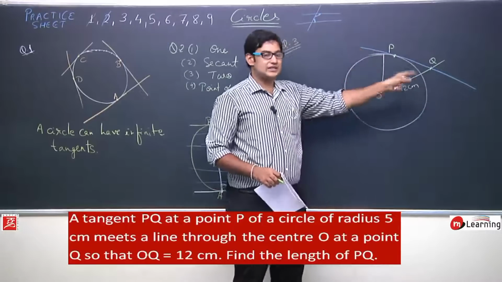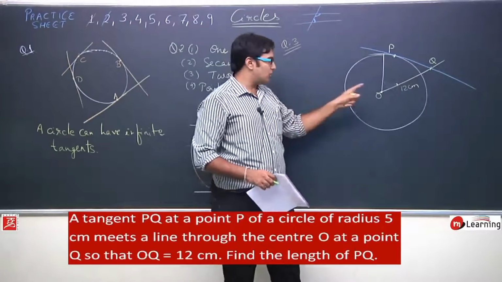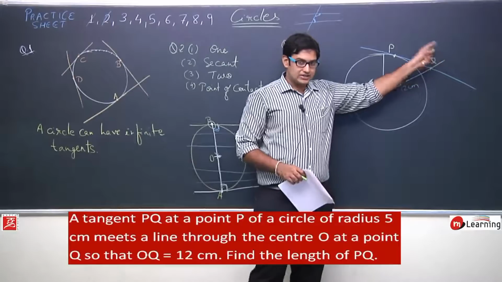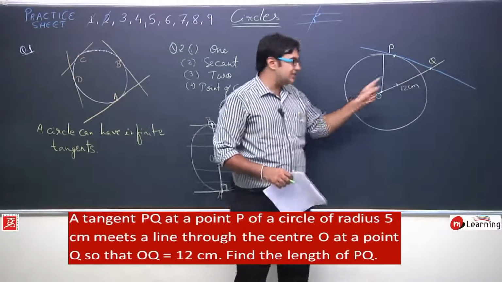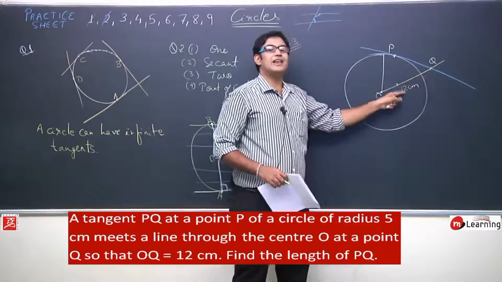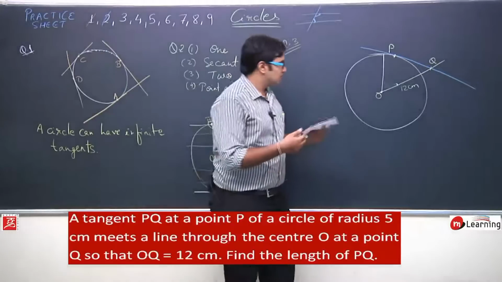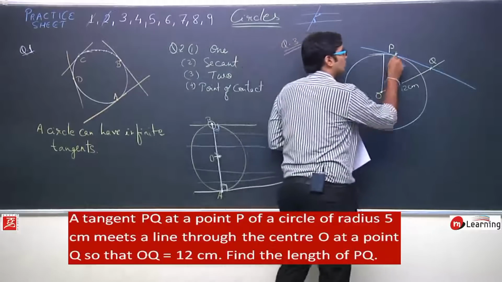After this, I have drawn a line from this center O to this tangent such that this line intersects the tangent at point Q, and the length of OQ is 12 centimeters. This is what is given in the question.